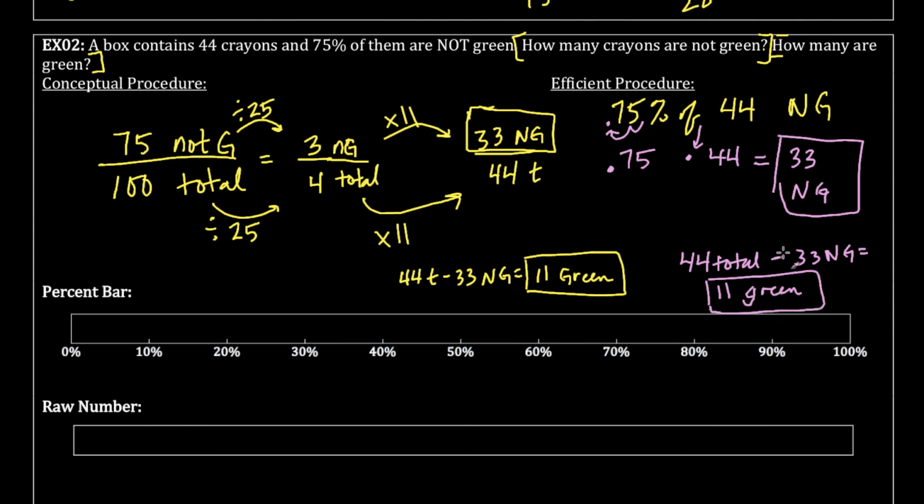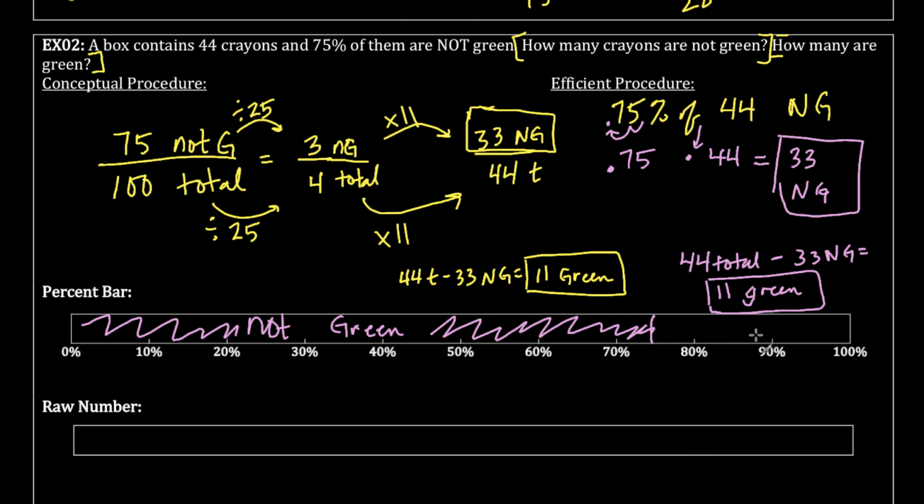So let's do this percent bar wise. Let's see, 75% were not green. So 75%, which is like right here, were not green. Okay, as good as it's gonna get right now.